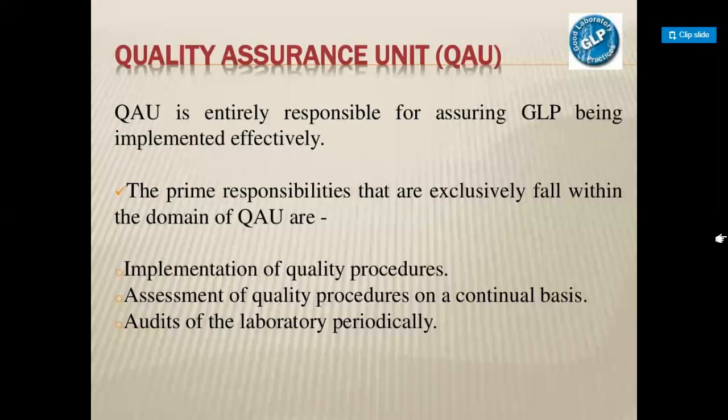Then coming to the next one, the prime responsibilities. The prime responsibilities that exclusively fall within the domain of the quality assurance unit are: the first one, implementation of quality procedures. Procedures they will make, procedures will be available.